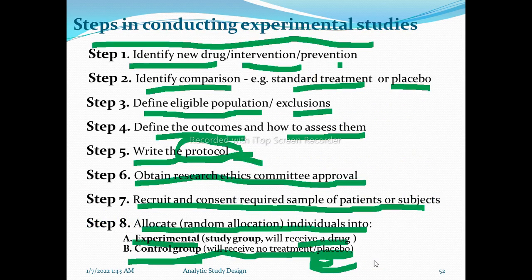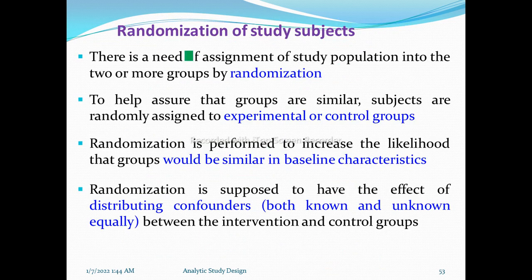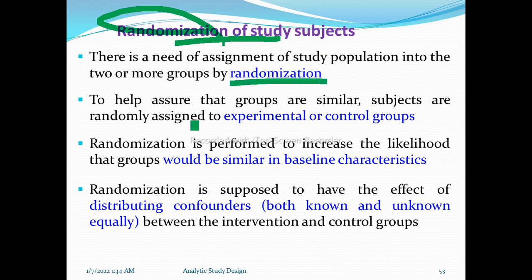So, randomization of study subjects: randomization is the assignment of the study population into 2 or more groups, mostly 2 groups, control and interventional.